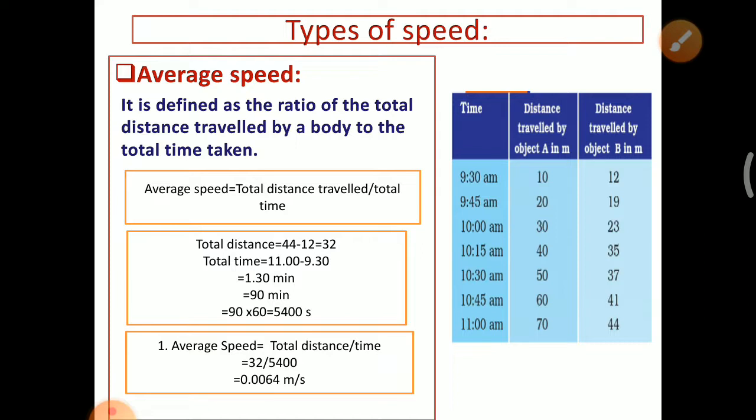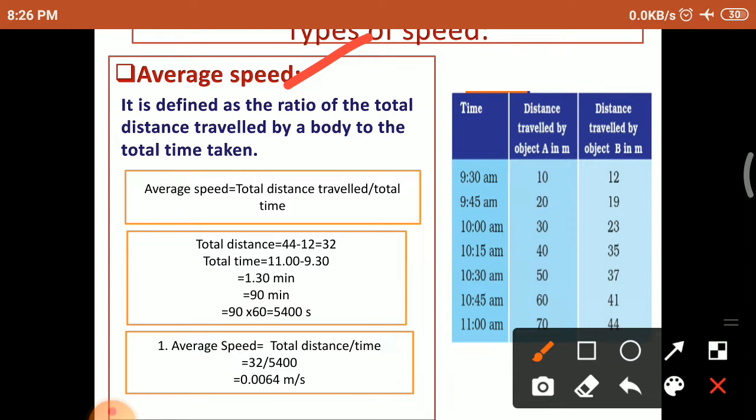When the object covers unequal distance in equal interval of time, we can calculate average speed. So we cannot calculate it for this object because this object covers equal distance in equal interval of time. We can calculate average speed only for unequal distance and equal interval of time.